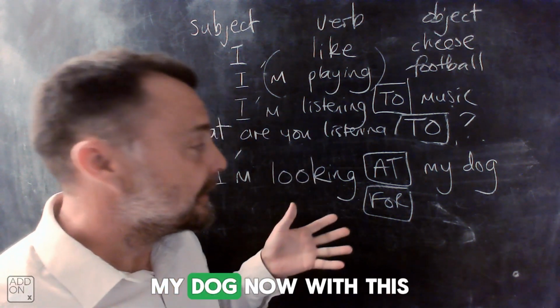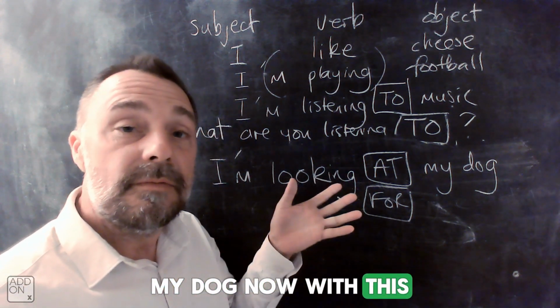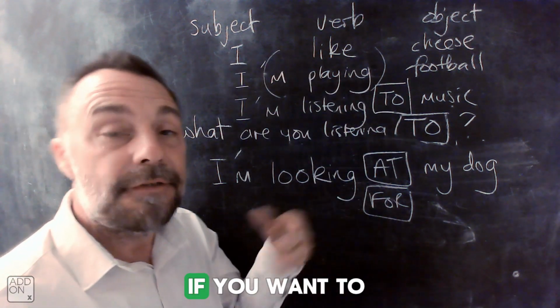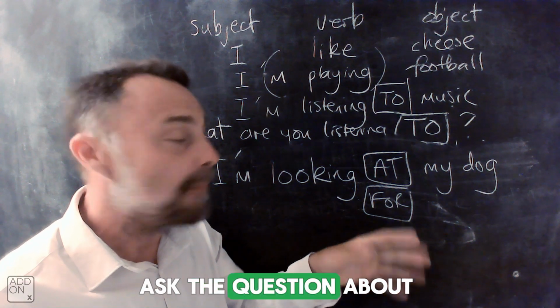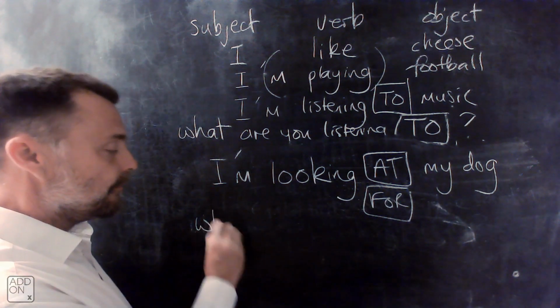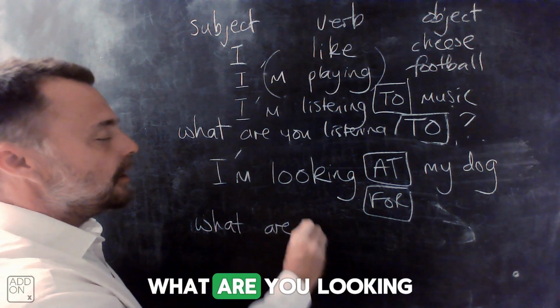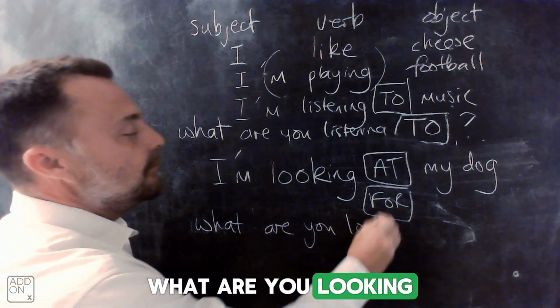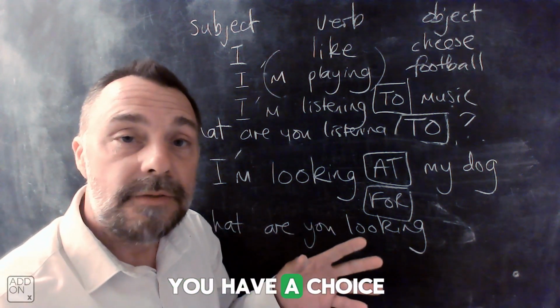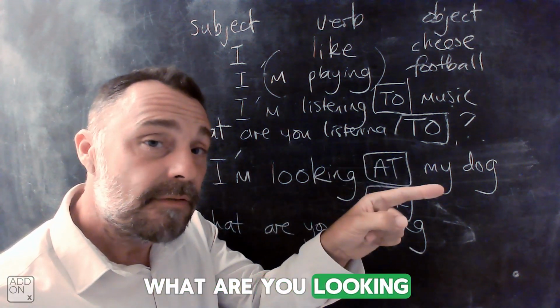Now, with this, again, it's the same structure as listen to. If you want to ask the question about the object with what, you have a choice. What are you looking at?